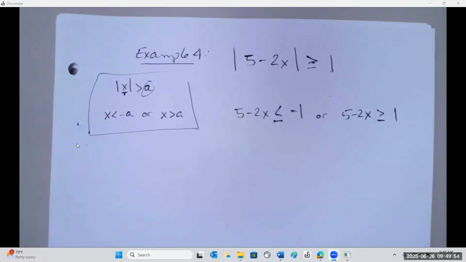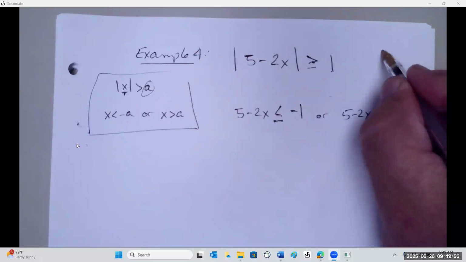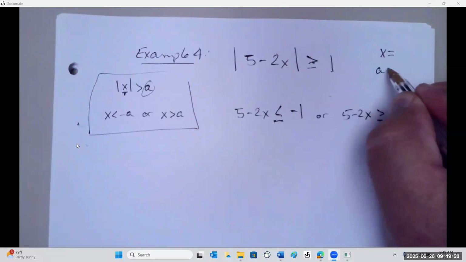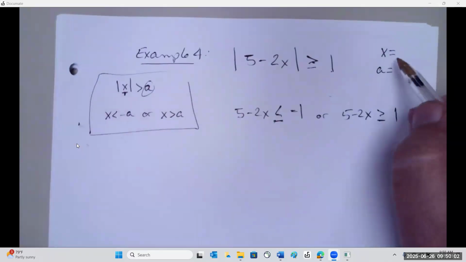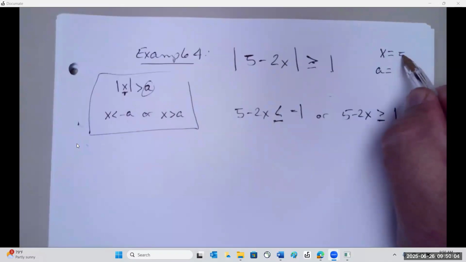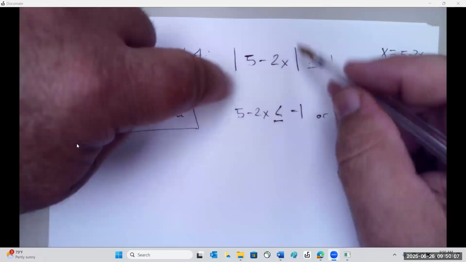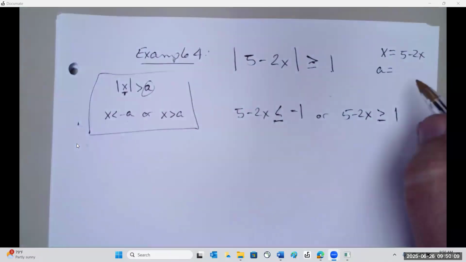If it makes it easier for you, label what is x and what is a. What is x in our example? 5 minus 2x, whatever's inside the absolute value. And a is 1.